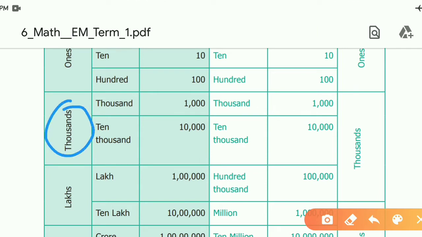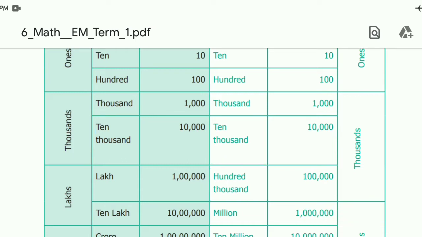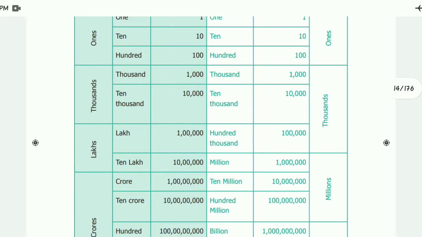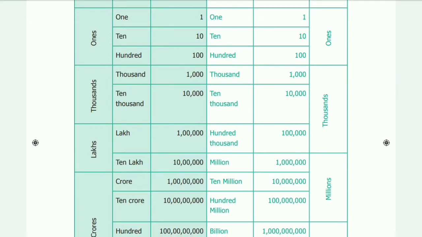In international number system also, we use comma after 1000, 10,000, and 100,000, not lakh. We are using 3 digits, that means 3 place values.